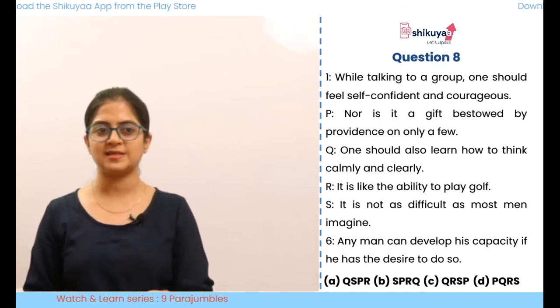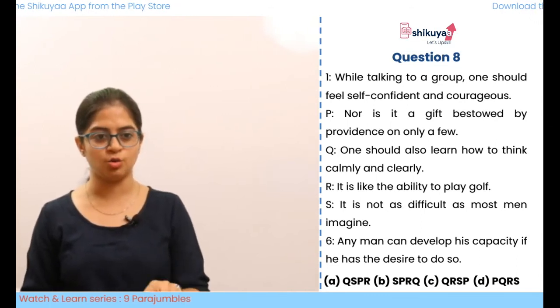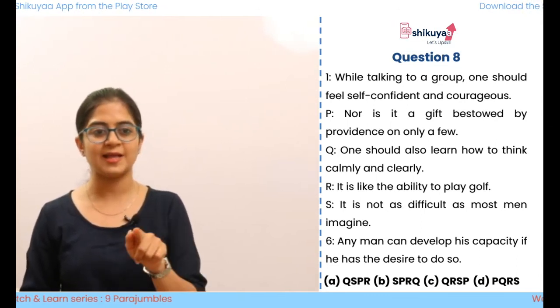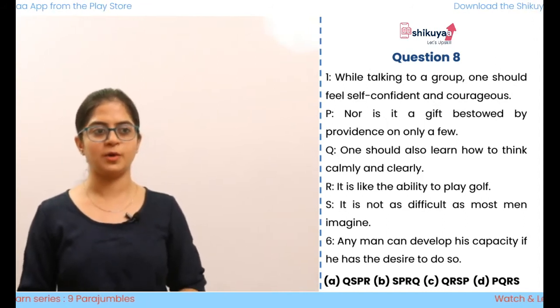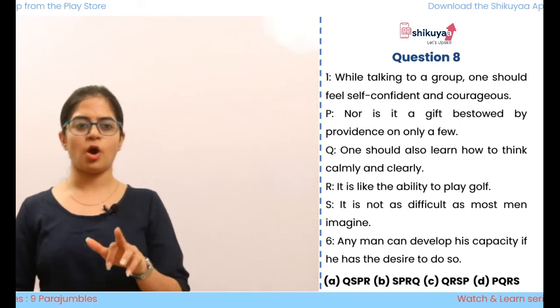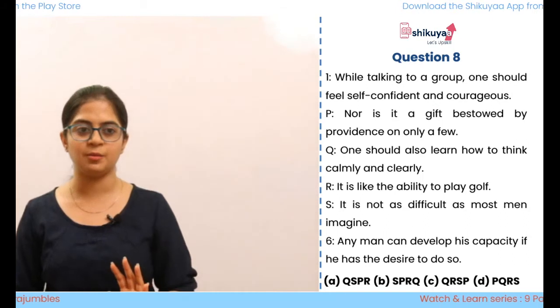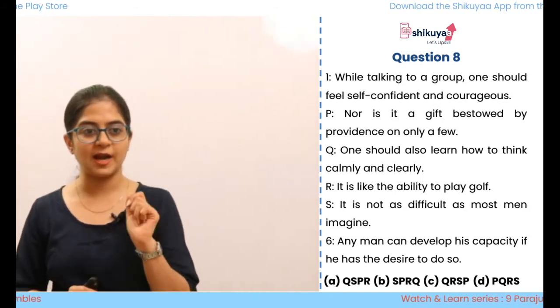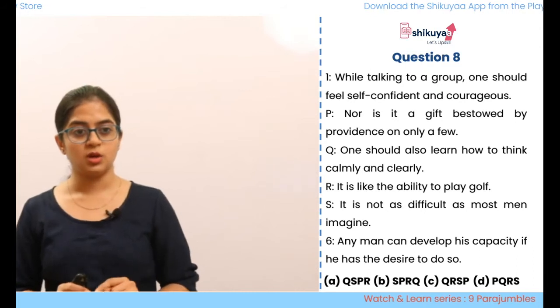So our opening sentence can be Q. So let us see which option says Q is the opening sentence: options A and C. So now let us omit options B and D. Now don't look at options B and D. Completely eliminate them.